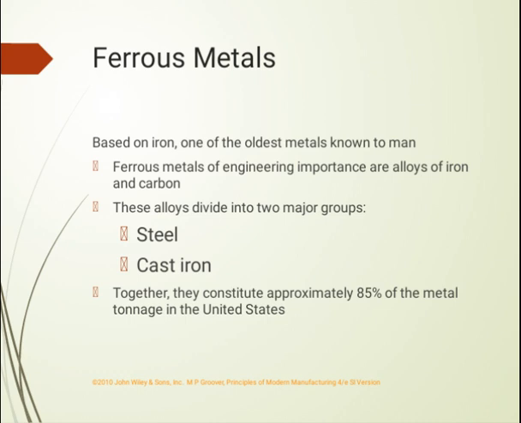Ferrous metals. Based on iron, one of the oldest metals known by man, ferrous metals are divided into two major groups: one is steel, another one is cast iron.